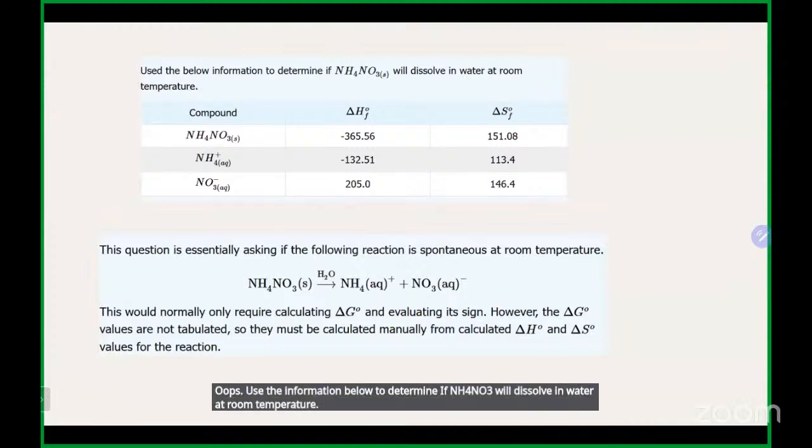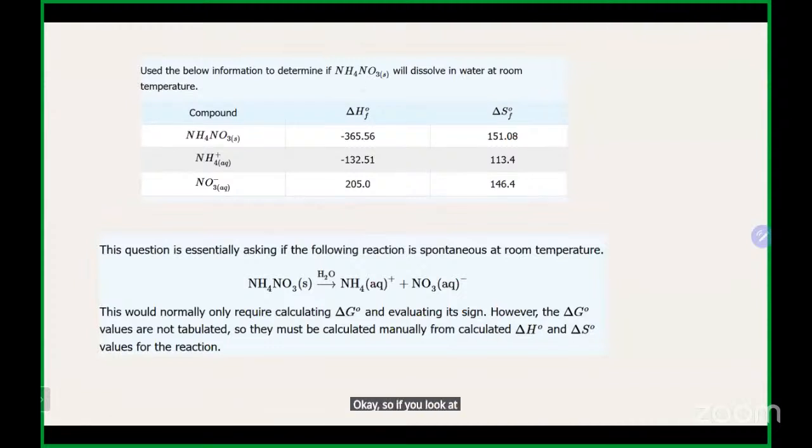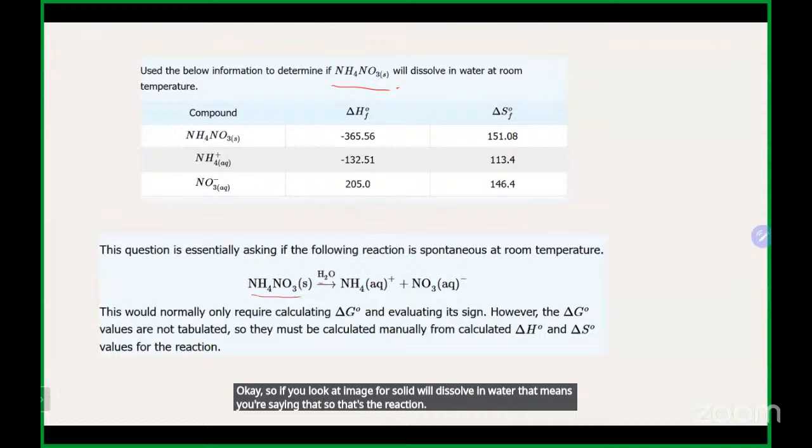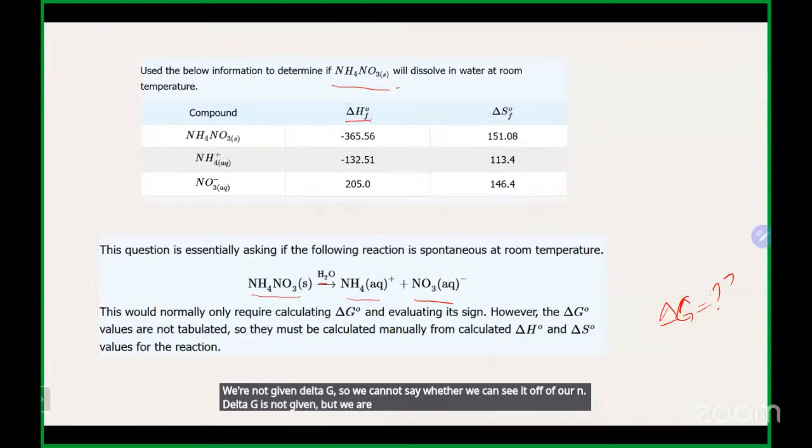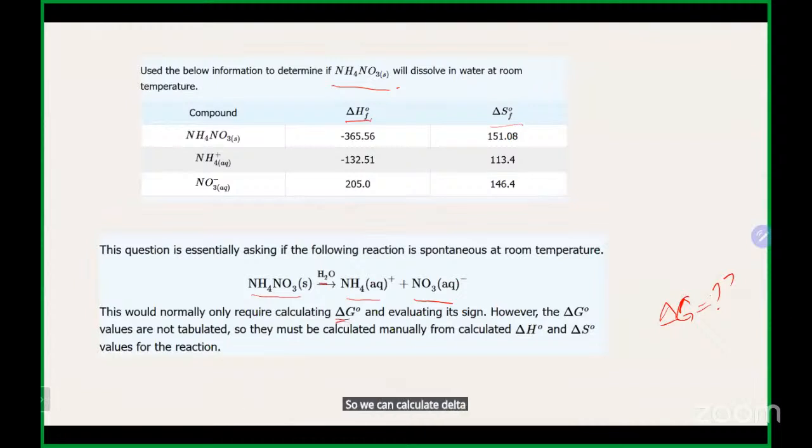So if NH4NO3 solid will dissolve in water, that's the reaction: you put this in water to get this plus that. We're not given delta G, so we can't say it off the top of our head. But we are given delta S of formation and delta H of formation, so we can calculate delta G from the given values.